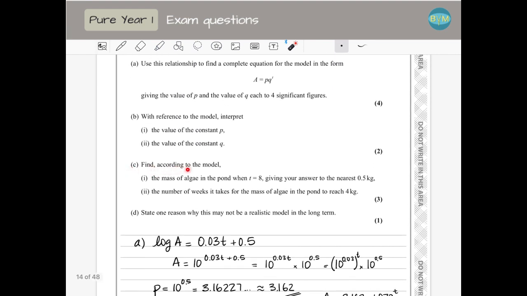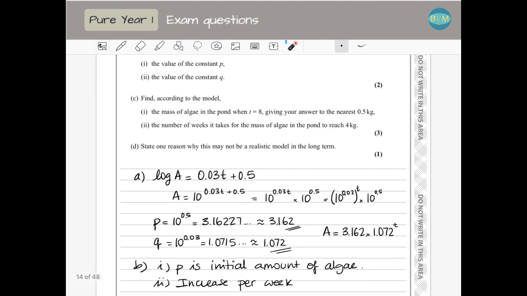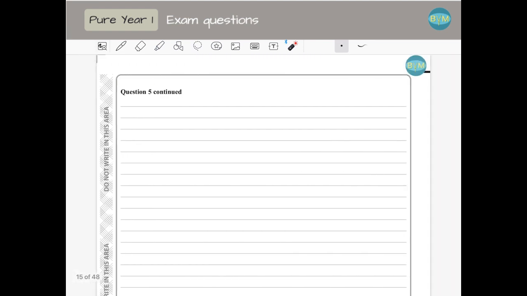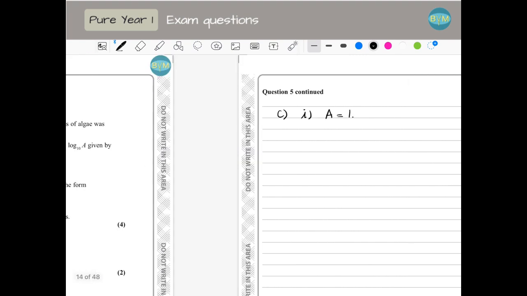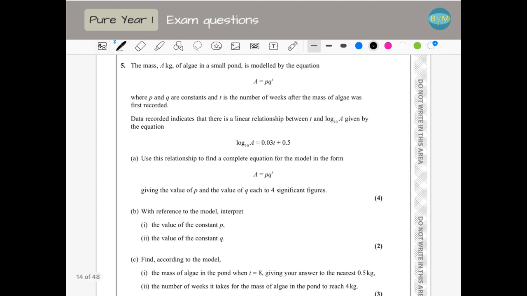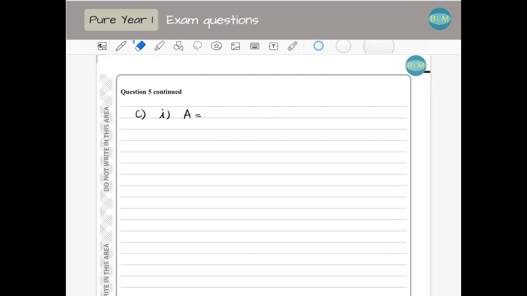Then part c, find according to the model the mass of algae in the pond when t is 8, and we have to give the answer to the nearest 0.5 kilograms. So when t is 8, I have my model here, I just have to substitute t by 8. So A is going to be 3.162 times 1.072 to the power of 8.